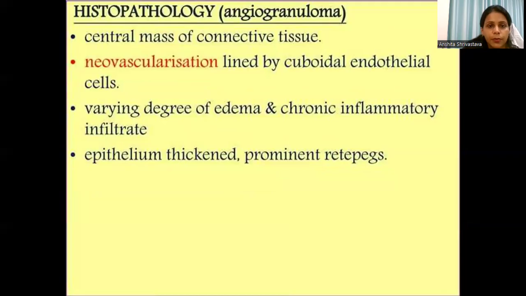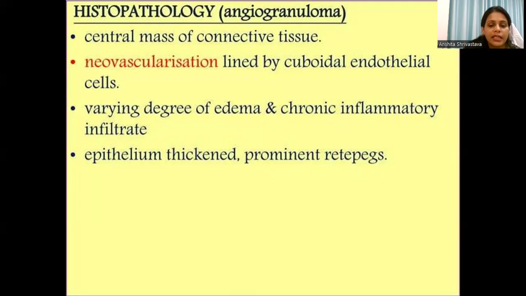Histopathology of pregnancy tumor. There is a central mass of connective tissue with neovascularization. What do you mean by the term neovascularization? New blood vessels are formed. These are lined by cuboidal endothelial cells, with varying degree of edema and chronic inflammatory infiltrate.